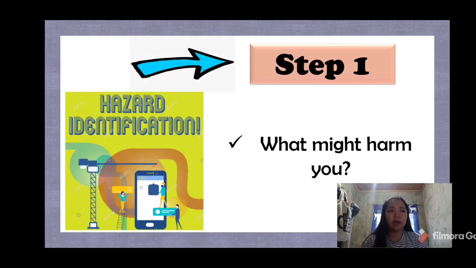Let's start with the first step, which is hazard identification. This step aims to identify what might harm you or what might harm the people. This includes the evaluation of the potential risk or danger and also the evaluation of the materials or resources that are being used.